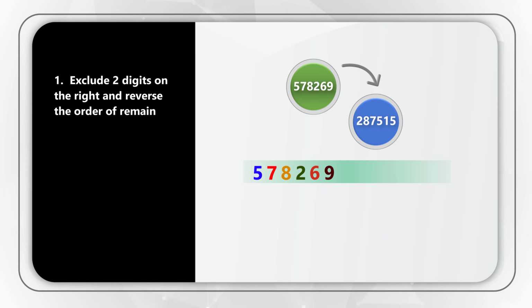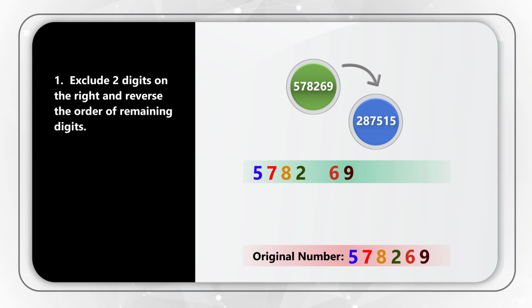Step 1. We need to exclude 2 digits on the right and reverse the order of the remaining digits. For example, original number is 5782 and then 2 digits 69. We separate 69 and then reverse the order and number becomes 2875, and then we do remaining calculations with the numbers 6 and 9.